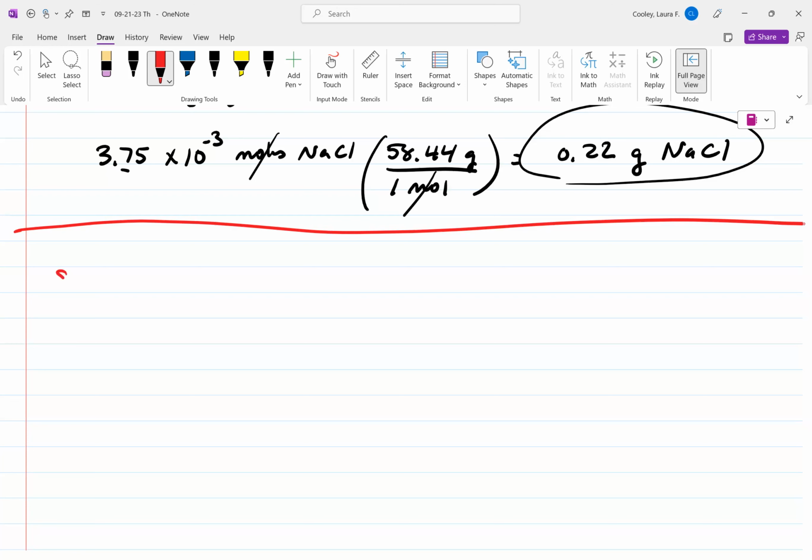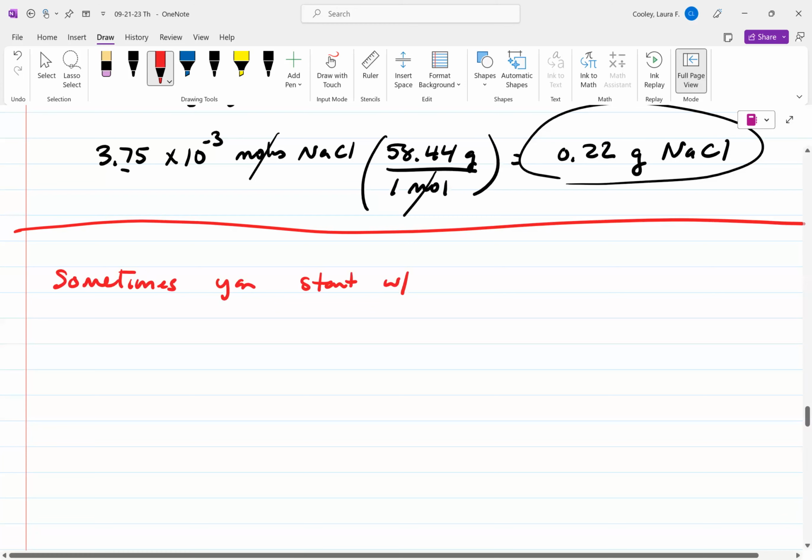So sometimes you start with a highly concentrated solution, a concentrated solution, meaning it's a large molarity, and need to dilute it.